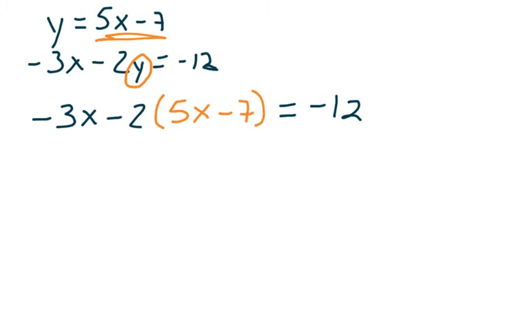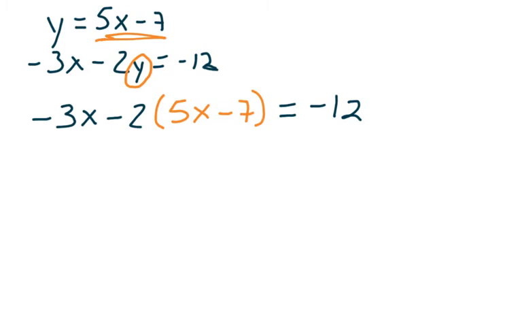Now you can see that I have an equation that has the variable x only in it, whereas before I had x and y. And as I stated before, we can't find a value for x if I don't also have a value for y. And we can't just replace random numbers. We need to make sure that it's the correct values. So now I can solve this. Get rid of my parentheses first, as we've learned last week.